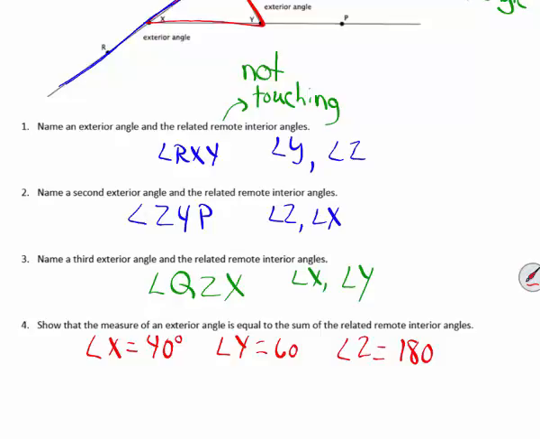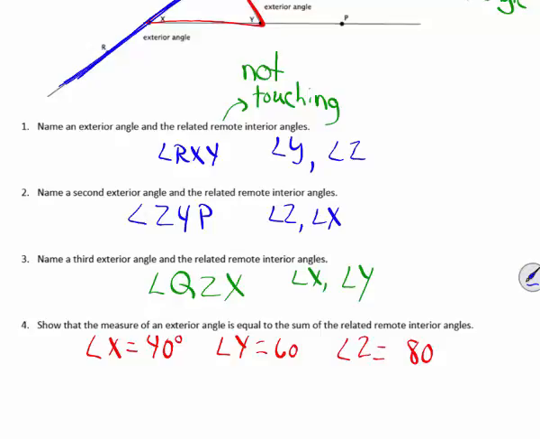Well, do those add up to 180 degrees? Oh, I wrote 180 and it's not 80, sorry. So, do those add up to 180 degrees? Yes, they do. I also know that a straight line is 180 degrees. Correct? Yes, correct.